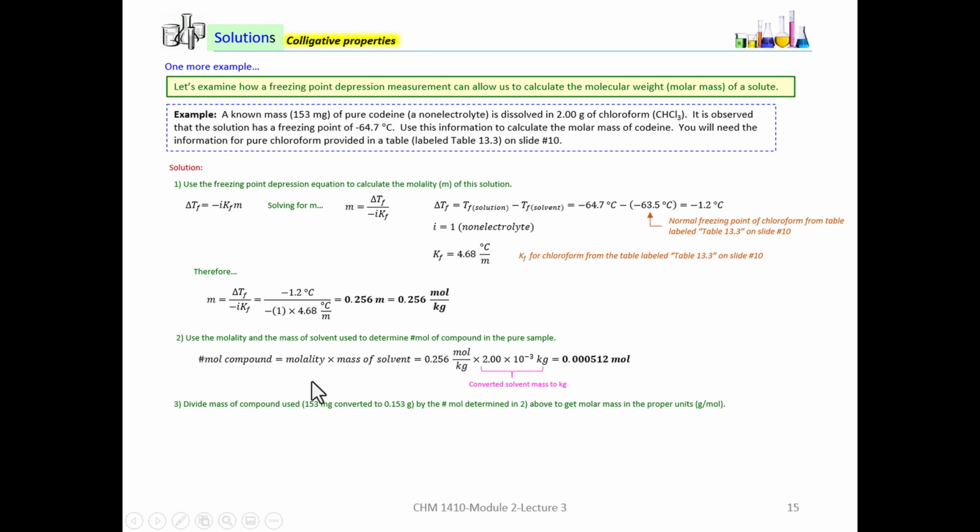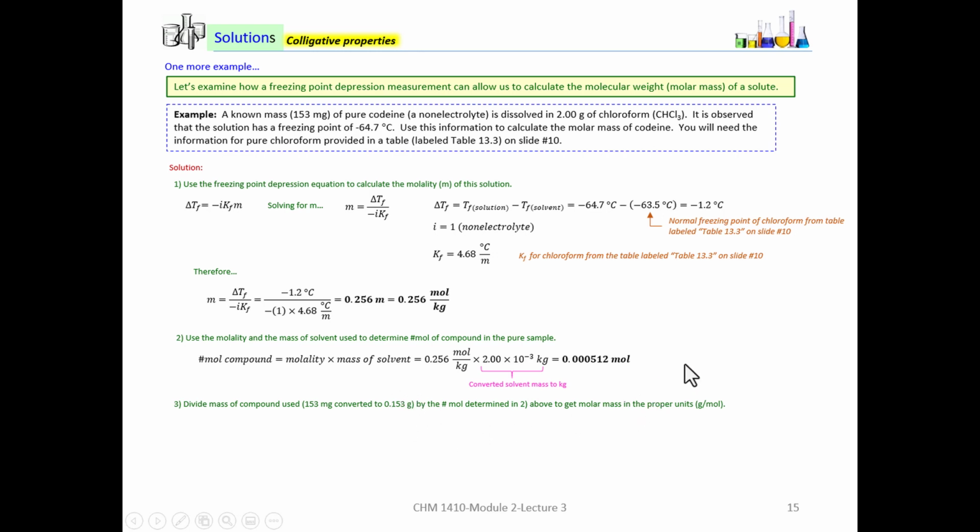Remember, there's another piece of information in the problem, and that is we know the mass of the codeine that we used. So we're going to divide the mass of the compound, in grams, so we convert 153 milligrams to grams, by the number of moles of codeine we said we had, because the experimental data led us to know that we had this many moles of codeine, and that this many moles of codeine has this mass.